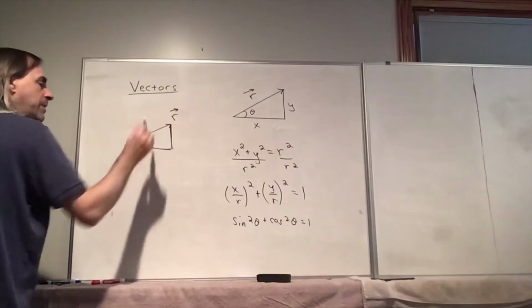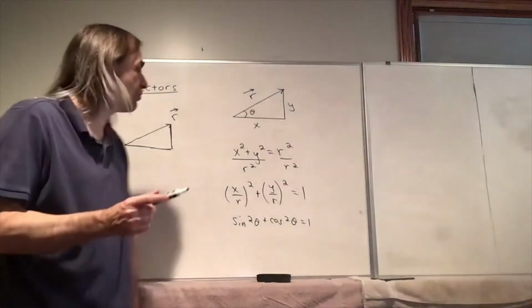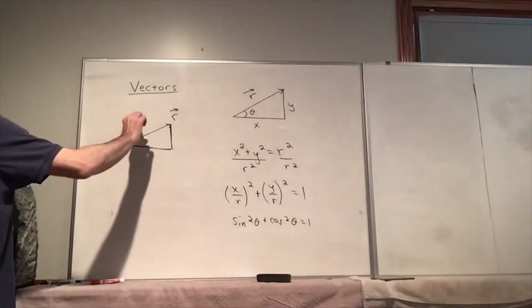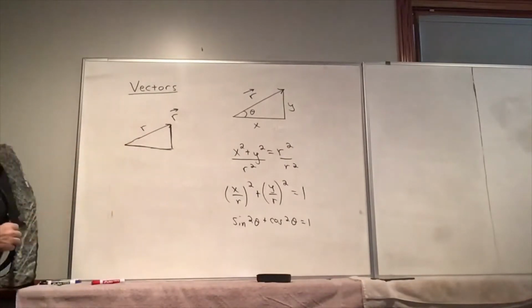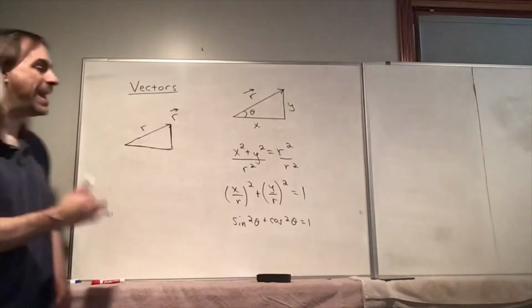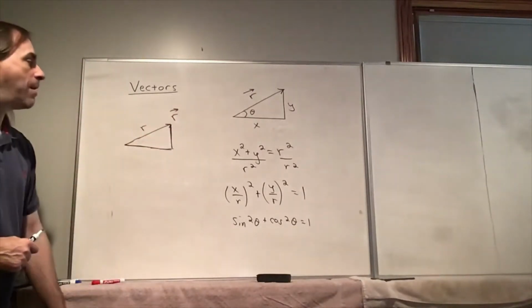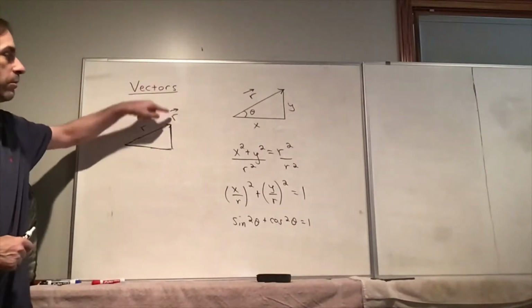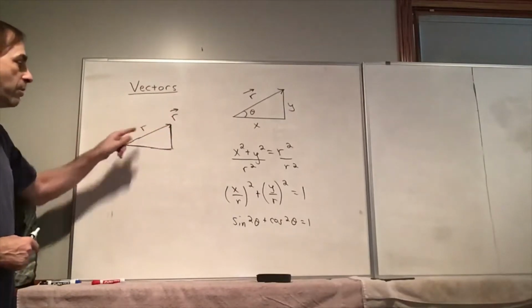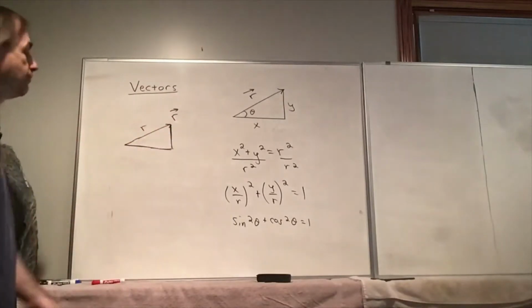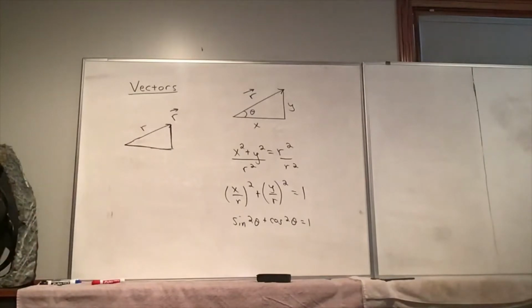Now, we say a vector has a magnitude and a direction. Just notation-wise, one way of writing the magnitude of a vector is to just write it without the arrow above it. So like vector r, we write like this. The magnitude of r is just r. We'll talk about other ways of writing magnitude, but for now we'll leave it at that.